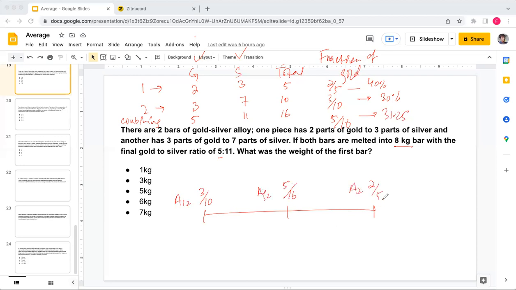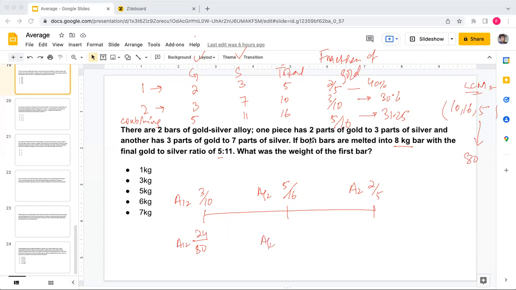In any case, if we have a common base, we can subtract these and find the ratio. First tell me what is the LCM of 10, 16, and 5? 80. To make this something out of 80, what is the numerator? 24. I'm dividing and multiplying by 10. This is A1.